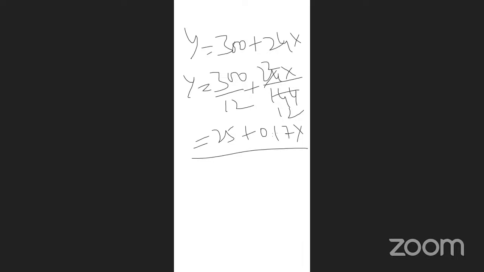Now let us take the monthly trend to annual trend. We will take the same thing. This is a monthly trend, and we'll convert into annual trend. That means your 25 into 12 plus 0.17x into 144.